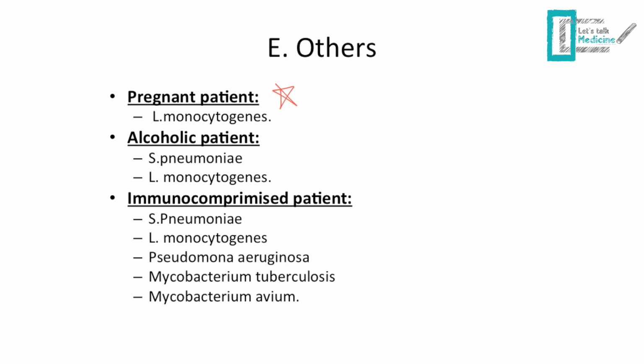Finally, we have the immunocompromised patients, and this is a very important category that you should know. For example, in AIDS patients and diabetic patients, they are more prone to organisms like Pseudomonas aeruginosa, Mycobacterium tuberculosis, and Mycobacterium avium, along with strep pneumoniae and Listeria monocytogenes.